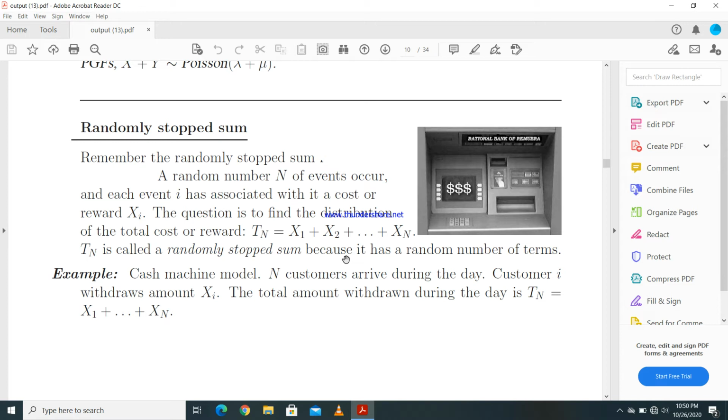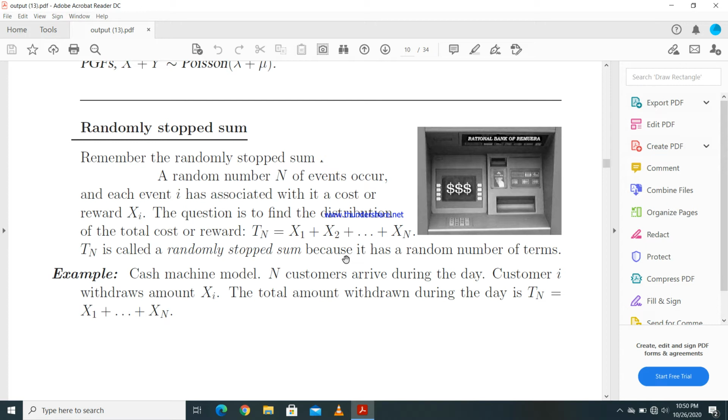So you need to know the average value customers withdraw per day. That total money withdrawn by N customers per day is known as the randomly stopped sum.